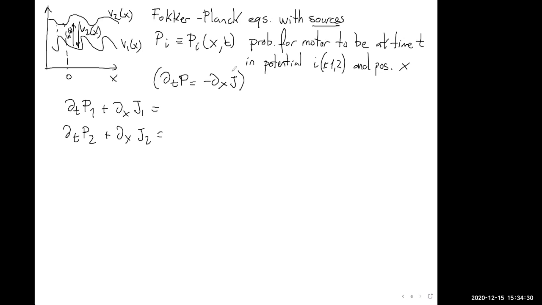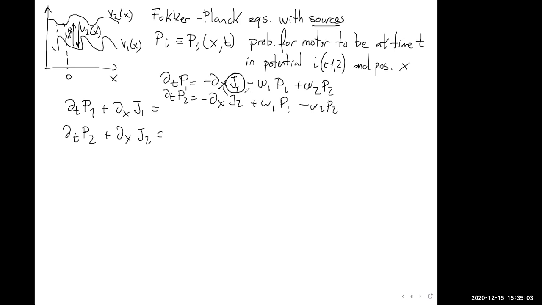But now we have exchanges. So we have P1, we have P2. Sorry, I'm making a bit of a mess, but just to let you know, there are the currents, partial x j2, and then there are exchange terms. We are losing from 1 with rate omega 1, and we win from 2 with rate omega 2. So I'm writing it like this: omega 1 P1 minus omega 2 P2.